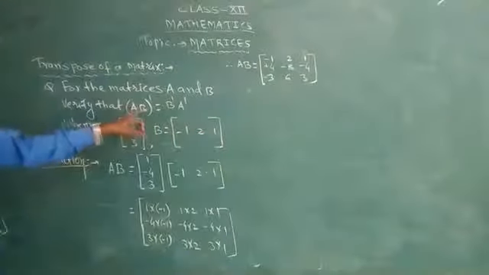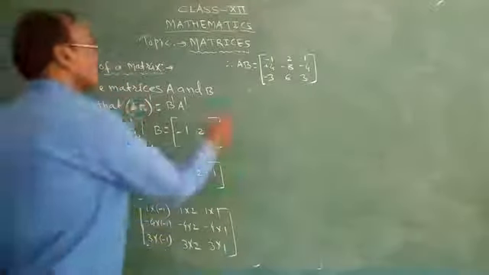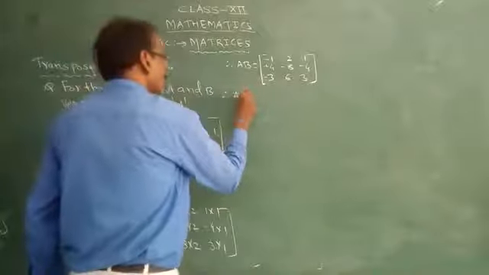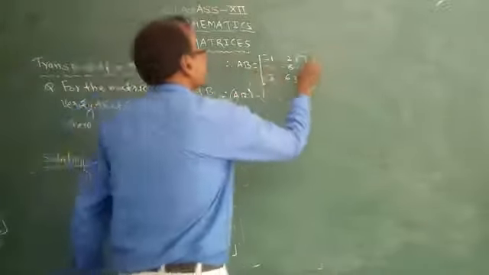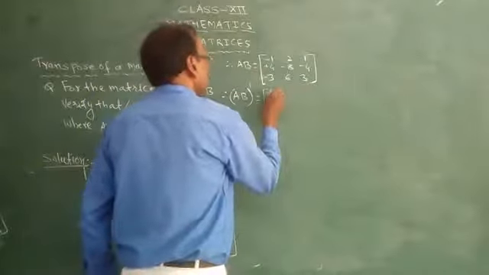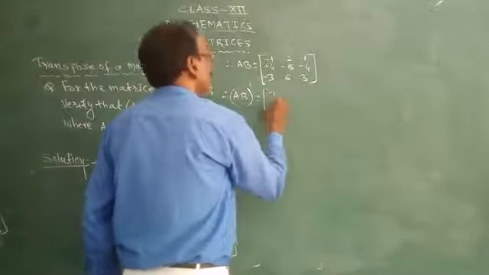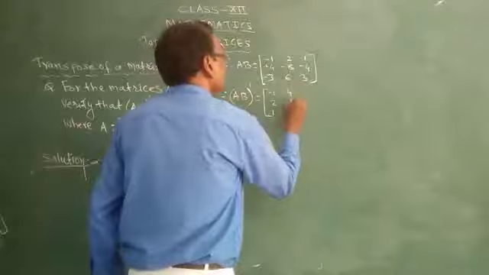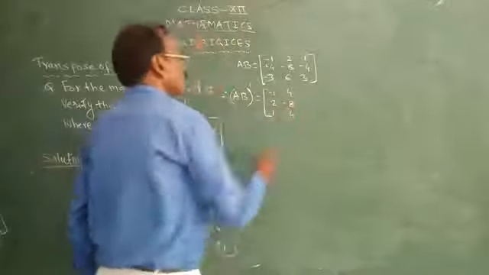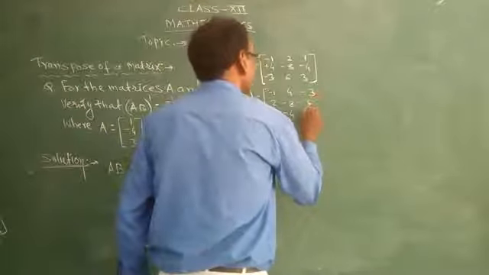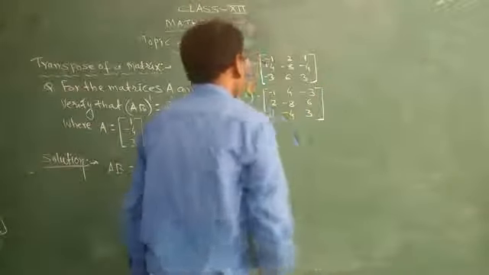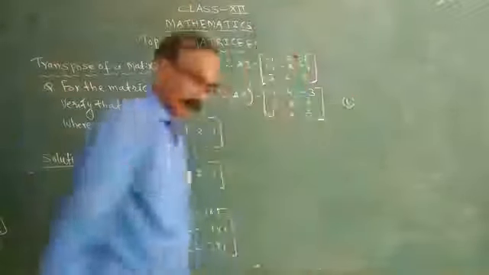Now take (A into B) transpose. Therefore, (A into B) transpose equals, take rows as columns: minus 1, 2, 1, 4, minus 8, minus 4, then minus 3, 6, 3. This is your left hand side value. Okay.